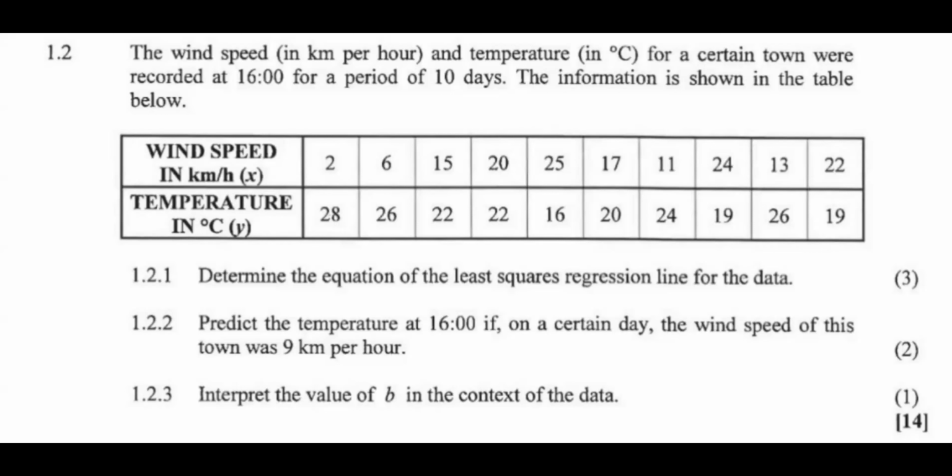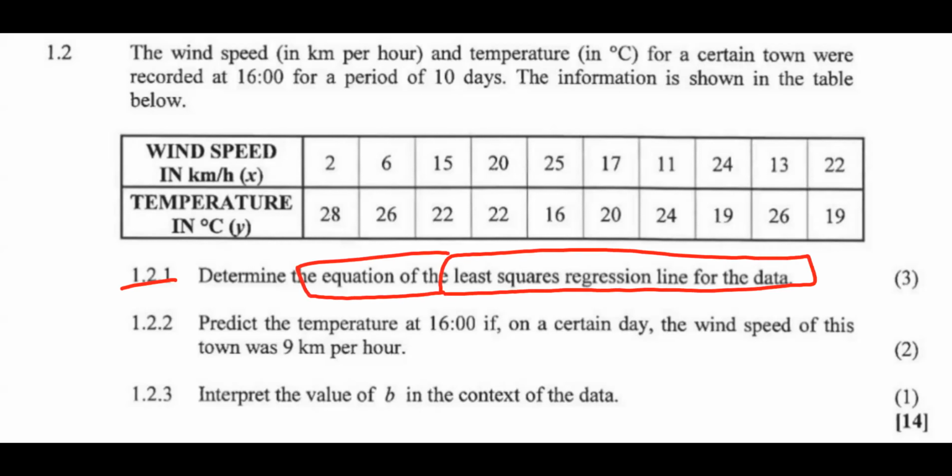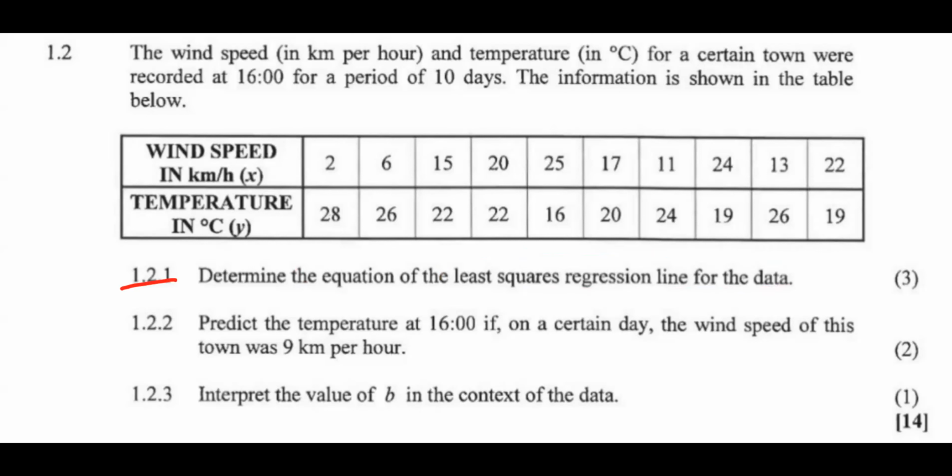Okay, so first question. Determine the equation of the least squares line of regression for the data. So this formula is y equals a plus bx. So in your calculator now, go ahead and work out the a and the b.